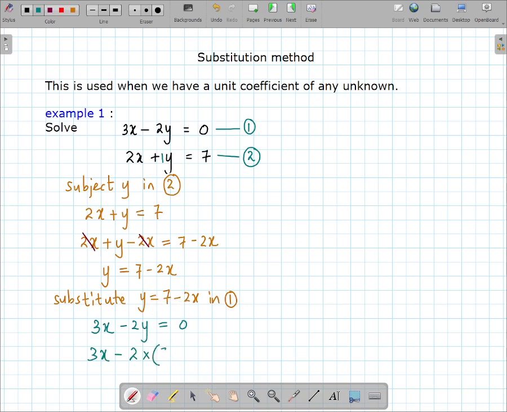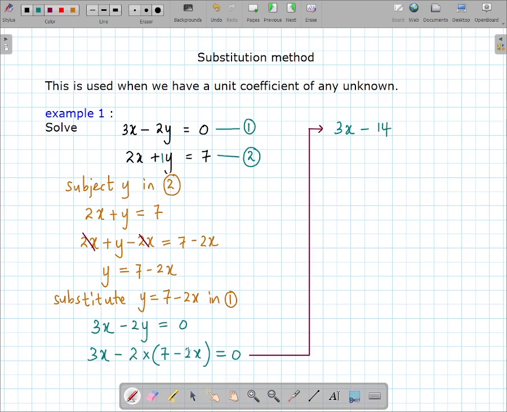Then 3x minus 2 times, instead of y I put inside the bracket 7 minus 2x, equals 0. I'm going to write here 3x. Then I'm going to expand this bracket by minus 2. Minus 2 times 7 is minus 14.